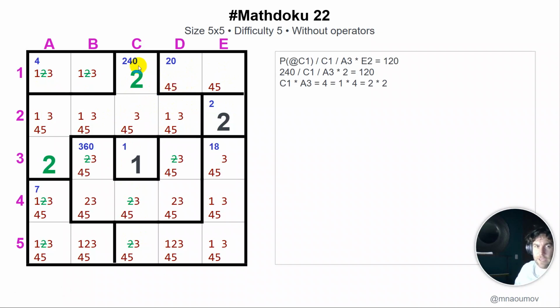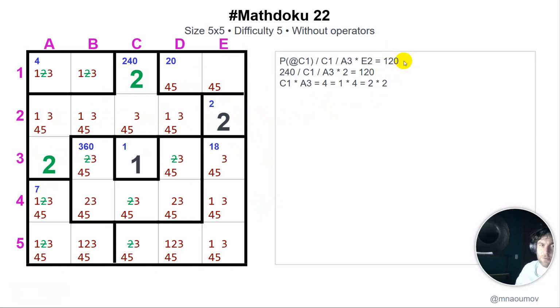Let's look carefully at cage C1. It consists of those cells. But if we take the product of all these cells and divide by this cell and multiply by this cell, it's going to be the product of all cells in row 2, which for size 5 is always 120.